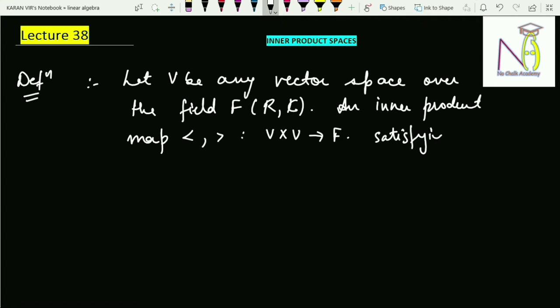satisfying the following axioms. So there are certain axioms which need to be satisfied, and we will be considering a few examples to understand this. So what are the following conditions or axioms?